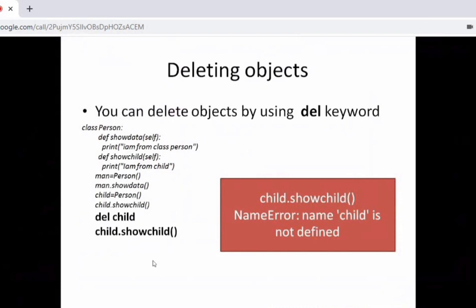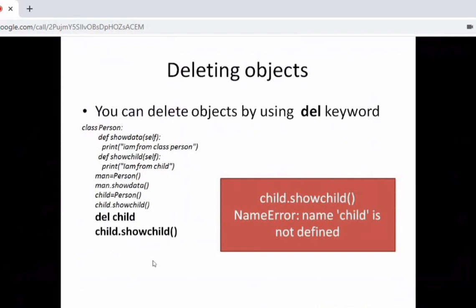Third concept you saw, after creating the object, how can I modify the properties of the object? Fourth concept you saw, how to delete the object. So all these are some of the properties in relevance to object-oriented programming of Python.